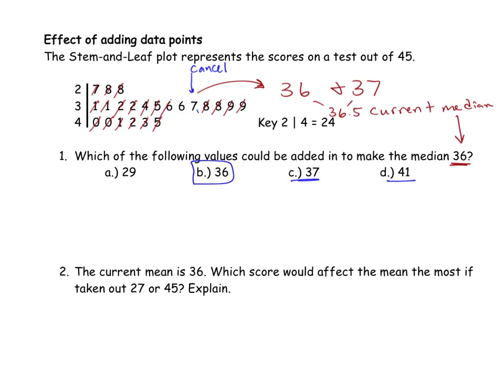If I added a 29, 29 would go right here. That would mean that that 29 would be canceling out a number like that 37, and we would end up with 36. So essentially, we could add in anything smaller.